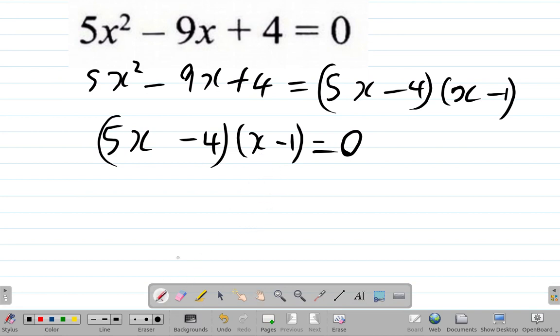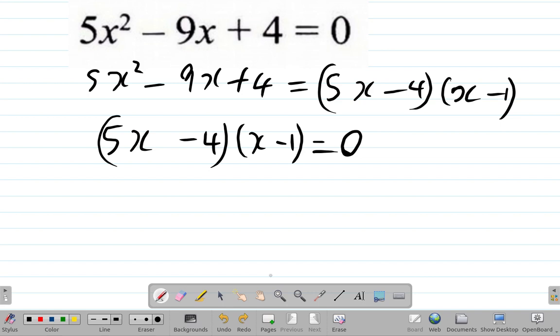Now the thing is, what you're going to do, you consider that you multiply two things. You multiplied this as one thing, you multiplied this as the other thing. Now, if you multiply two numbers and the answer is 0, what does that mean? Alright, remember now, 0 times any number is 0.